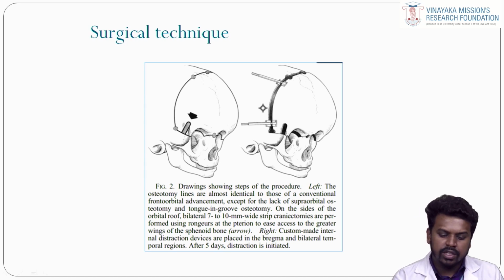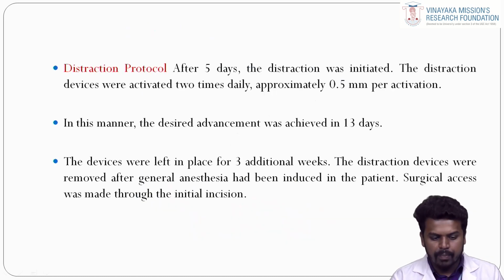These are the distraction sites where distraction osteogenesis is going to take place, and custom-made internal distraction devices are placed in the bregma and bilateral temporal regions. After 5 days, distraction is initiated. These are the custom-made internal distraction devices which can be used in the patient for distraction purposes.